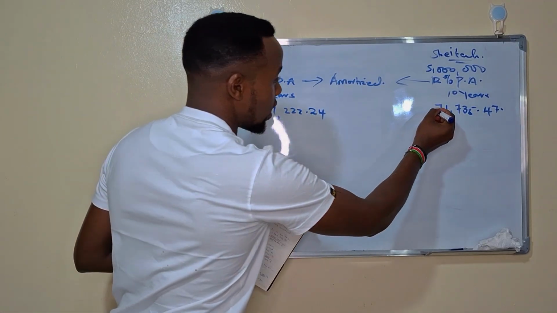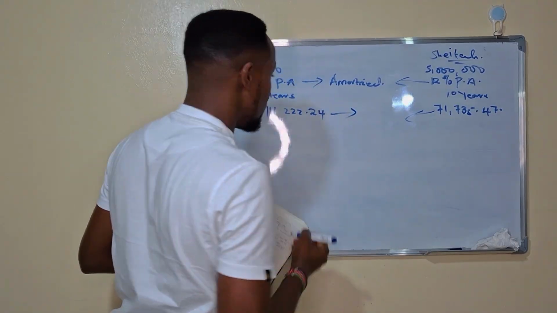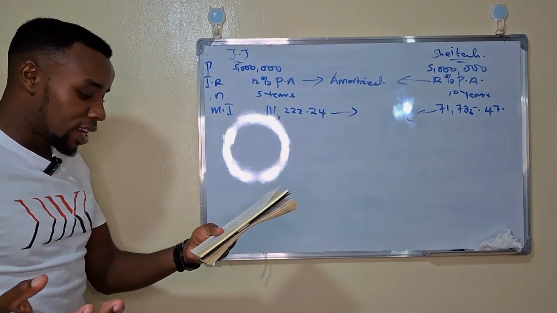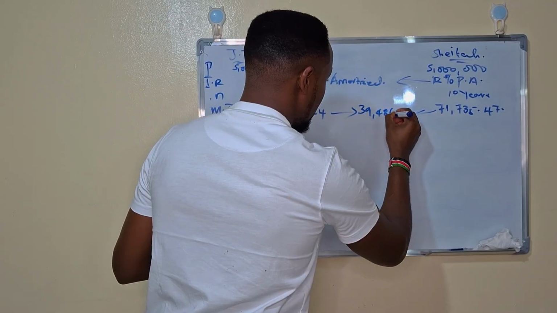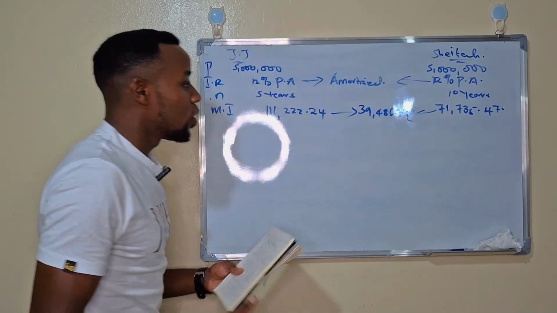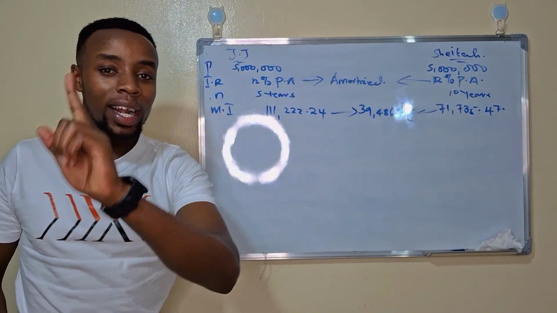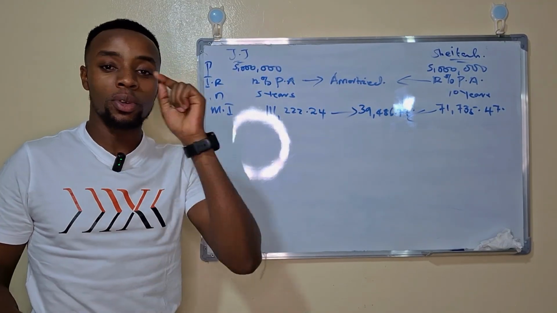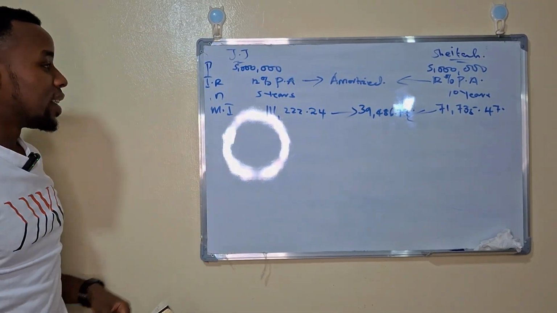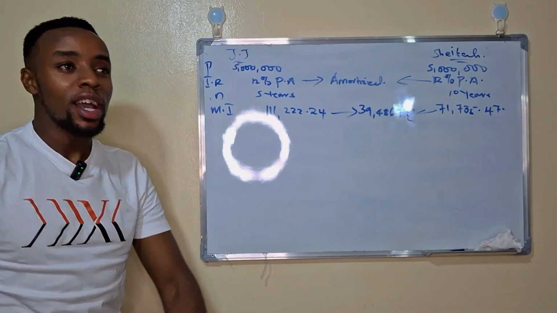The difference is 39,486.77. So, Shayla is paying less than JJ by 39,486.77 every month.